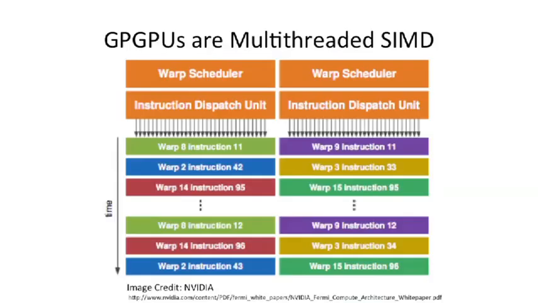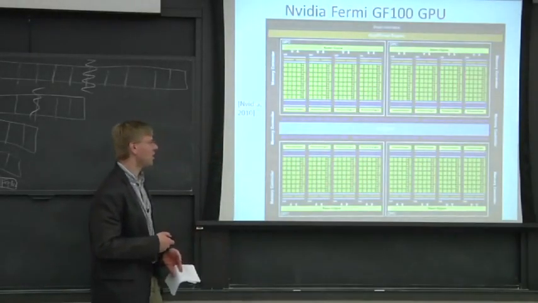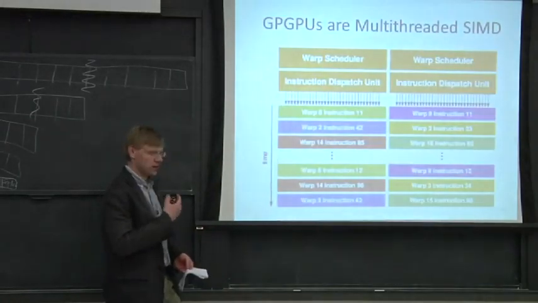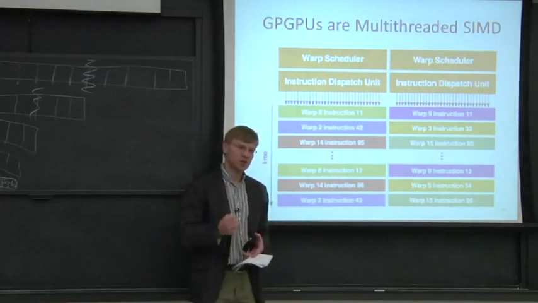But the GPU people came up with completely different names for everything, which is kind of annoying, because names already existed for everything. If you look inside one of these GPUs, they are a massively parallel architecture with multiple lanes, like our vector architecture. And on top of that, they are a multi-threaded architecture.